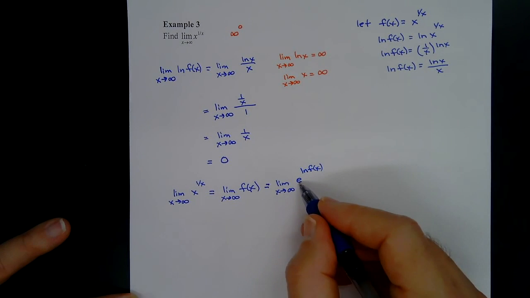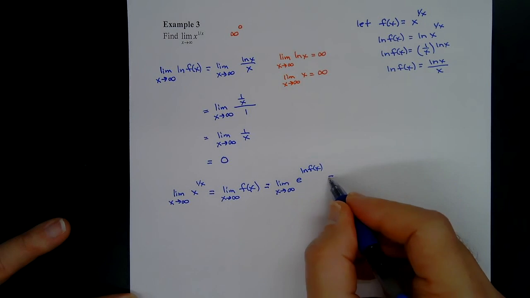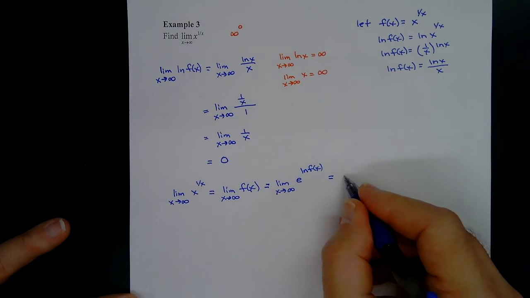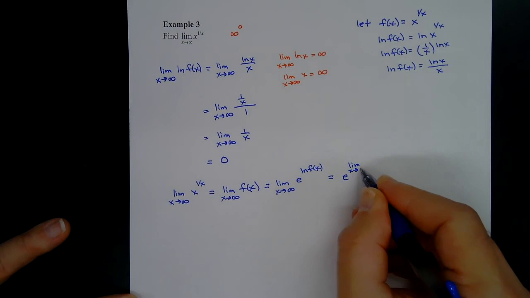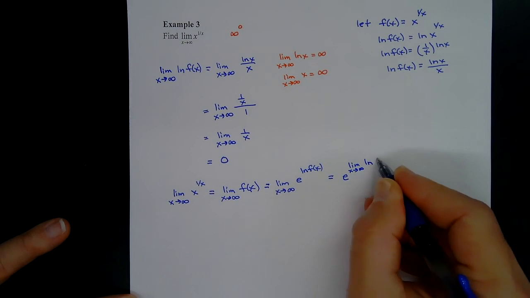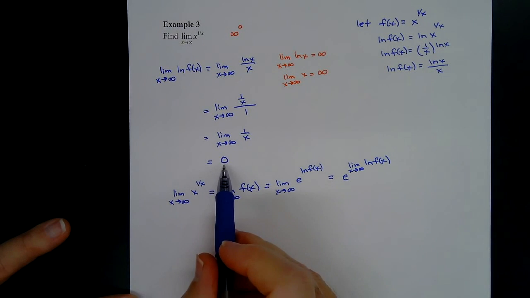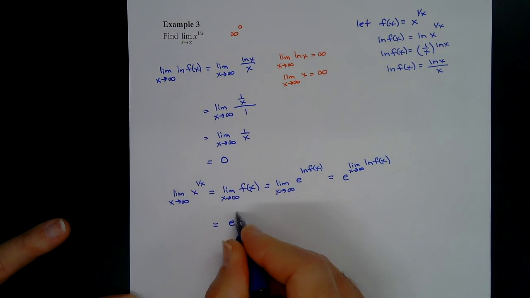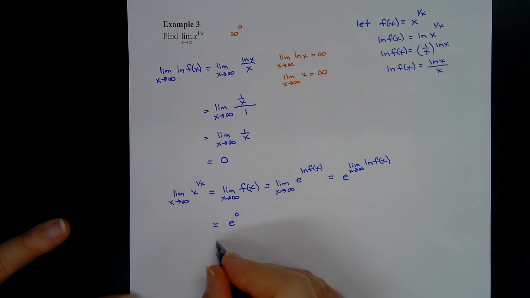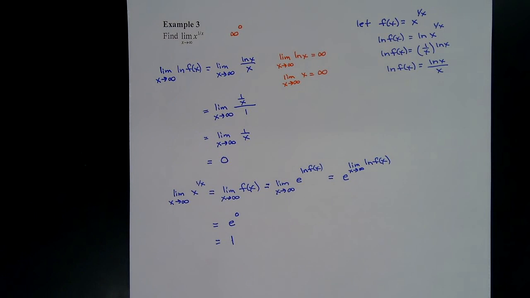And because it's e to this power, here's where the function part is, so I'm just going to take the limit of this. So this is equal to e raised to the limit as x approaches infinity of ln of f of x. And what did we just figure out? We just figured out that this limit came out to be 0. So this is equal to e to the 0, and e to the 0 power is 1. So the value of this is 1. All right, kind of crazy, huh?